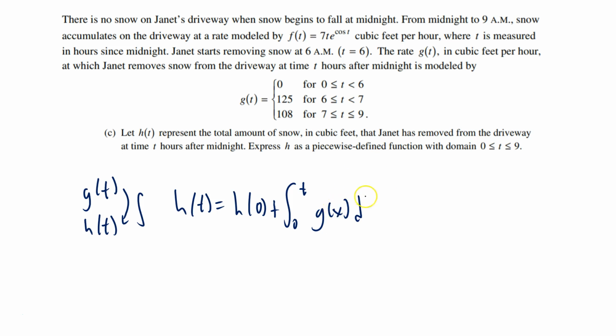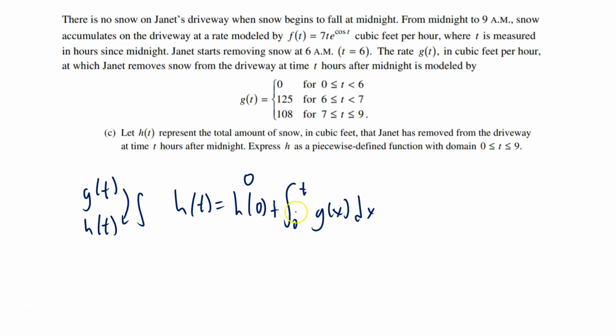We haven't used x. dx. The reason I have to do it differently is because we have the t in the top here, so it can't be in the same two spots. So if we integrate from 0, that'll tell us the total amount that has been removed, and then we add to that the amount that's been removed at a given time. So h of 0, she hasn't removed any at the beginning because there hasn't been any snowfall at all. So this is 0.